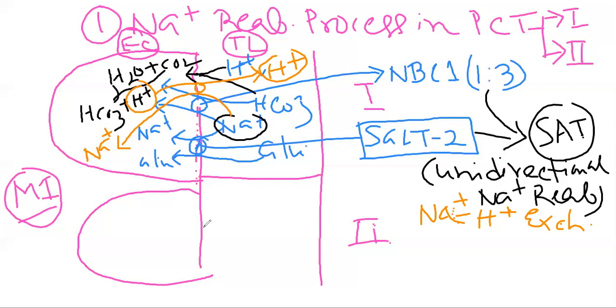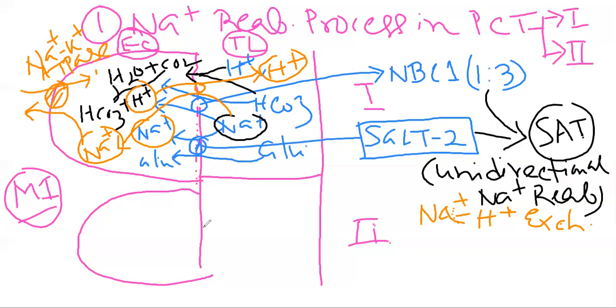Now what happens, this sodium ion ultimately will come out from the epithelial cell by the important pump which is known as the sodium potassium ATPase. So at the basolateral site of the epithelial cell, the sodium potassium ATPase pump is present, by which 3 sodium ions can come out into the medullary interstitium in exchange of 2 potassium ions.